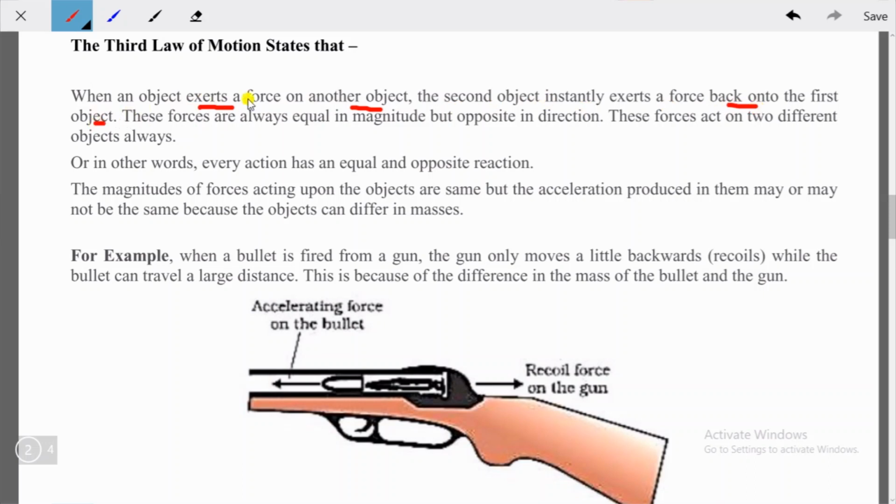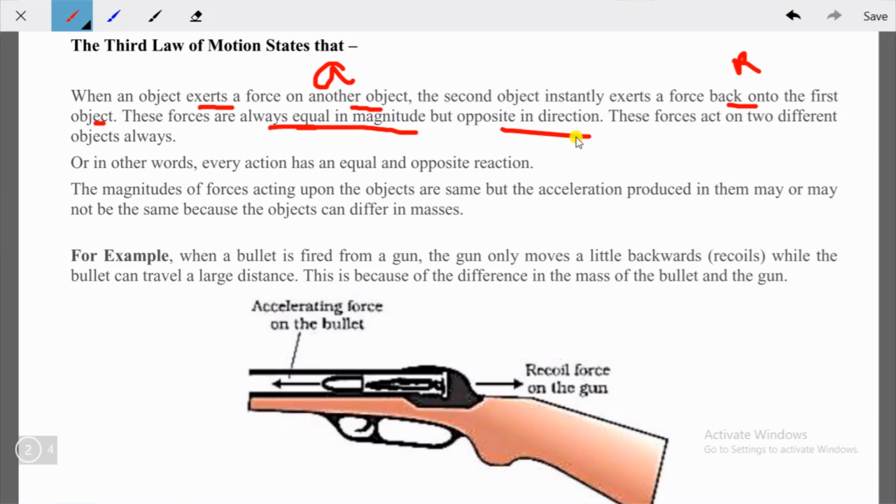When an object exerts force on another object, this is called action, and when the second object instantly exerts a force back on the first object, that is called reaction. These forces are always equal in magnitude, you have to remember this, but opposite in direction.